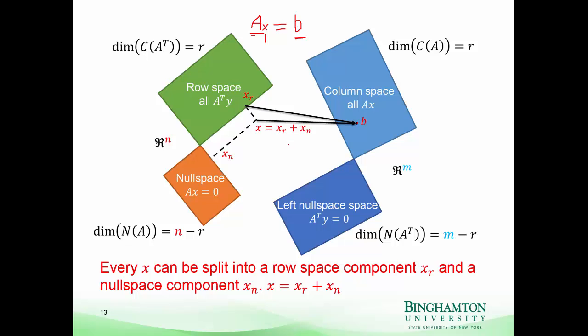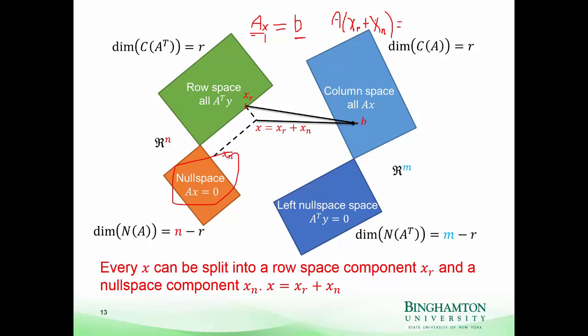But that's not the only one that goes there. It turns out that xr, its component in the row space, will also get mapped to b. And that's really easy to see if we imagine taking A and operating on xr plus xn, sorry for the scraggly writing here. It is equal to, well, we pass the A through, A times xr plus A times xn. But xn, where does that live?